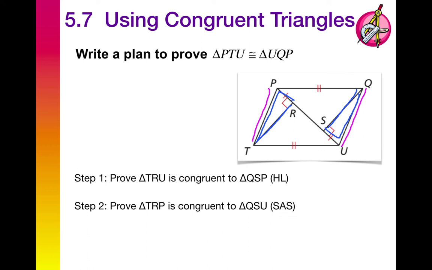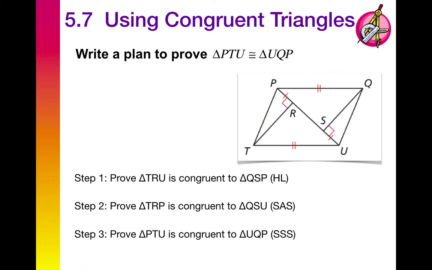And once we have those two sides are congruent, then this is congruent to this. We know that this is congruent to this, and we have this part here, which is the reflexive. Then we can show that side, side, side, the two triangles are congruent.